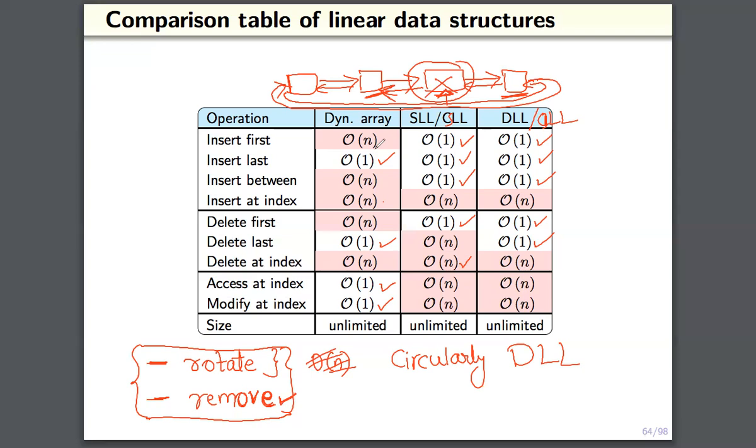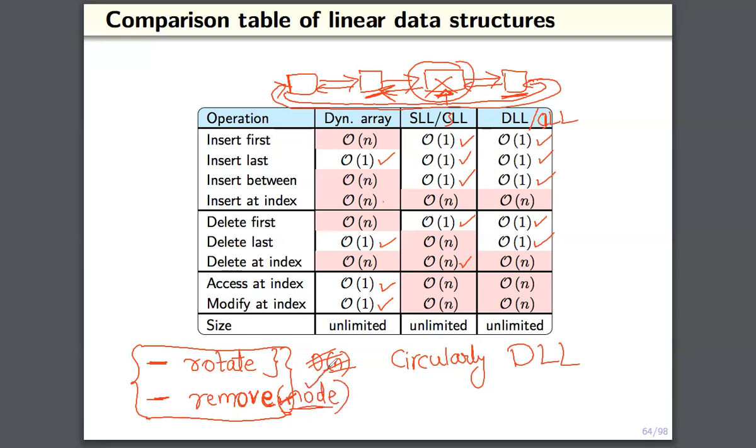Make sense? Professor, how do you find the predecessor and the successor in O(1)? Does the remove function give you the node, or an index or the value? So the question is, as we defined earlier, remove is something like this: remove at a particular node.